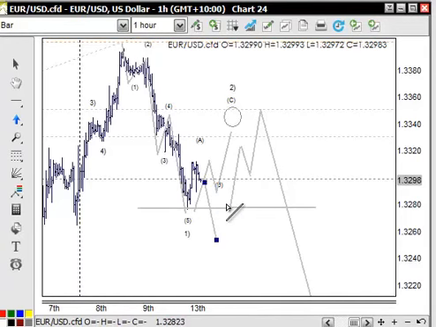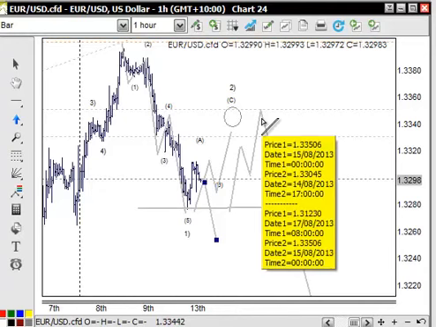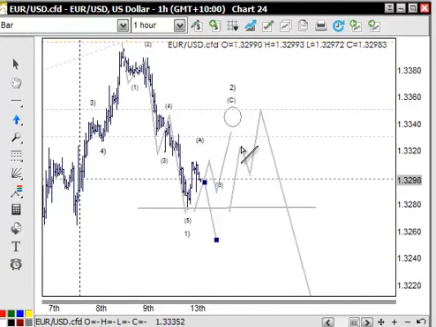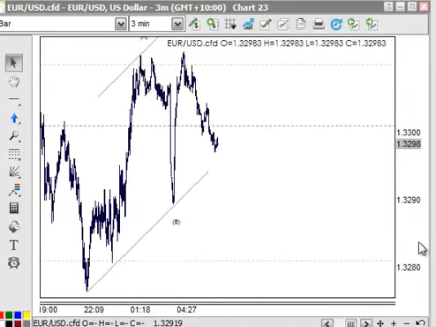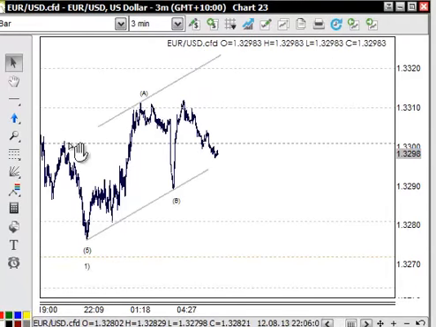The second point is that we're looking for the 50-60% retracement level into here in three waves. Bearing that in mind, we know the euro can have shallow retracement levels, so instead of pulling back up 50 and 60, it may just pull back up to the 38. So with that in mind, that's what we're looking at here.